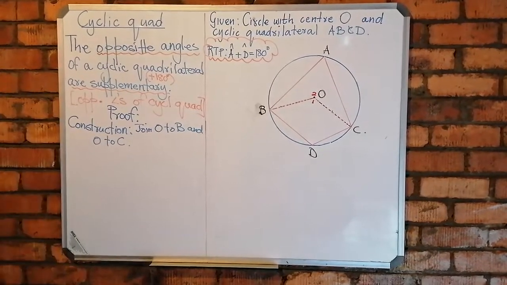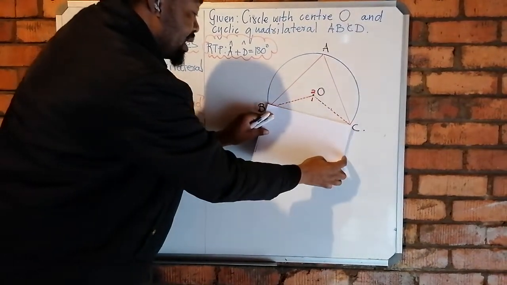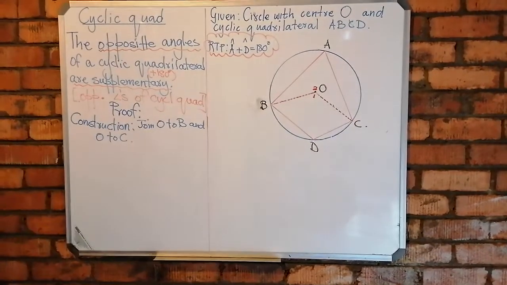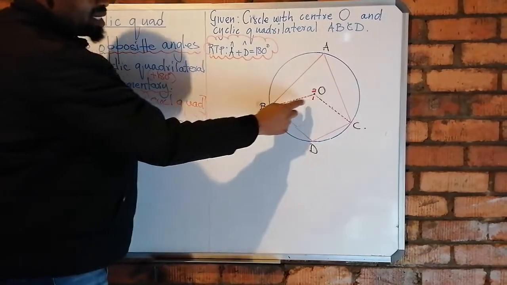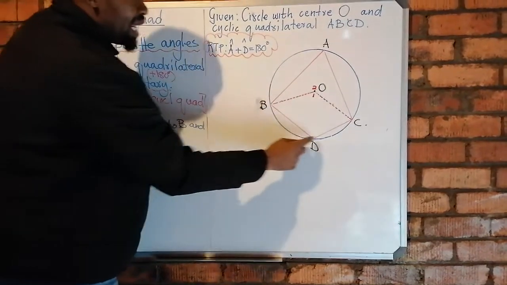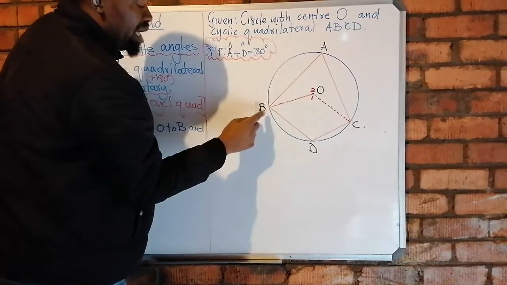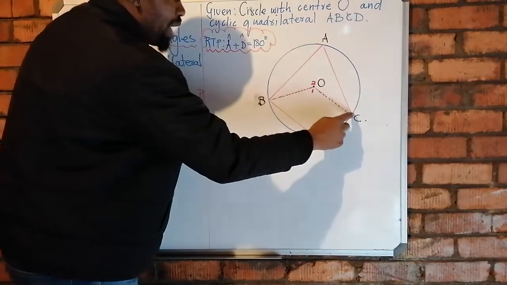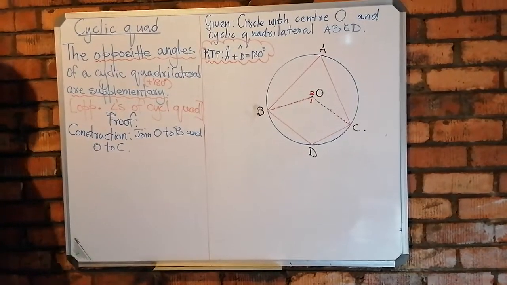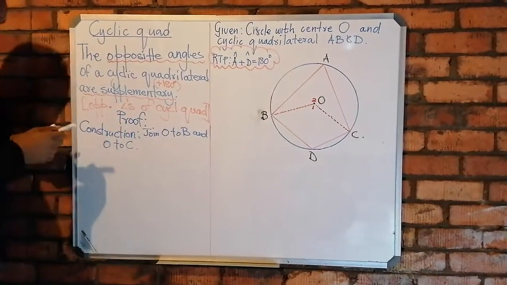Now, if you look at this one, if you cover that, you end up having the theorem that you have proved previously that says the angle which is subtended by an arc of a circle at center is twice the angle which is subtended by the very same arc at any point on the circumference of a circle. Now, we will use that theorem to prove this one.